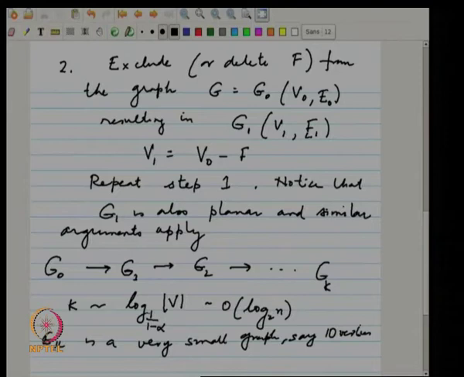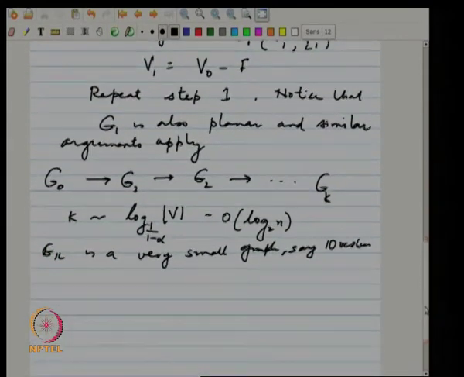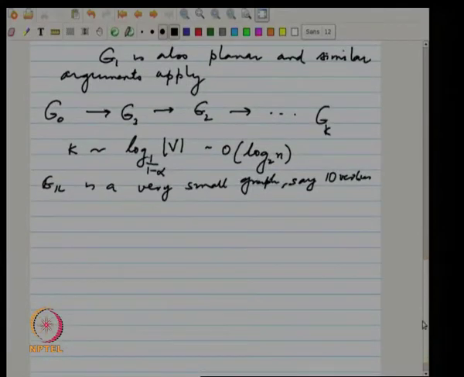So, we do not go any further. So, G naught to G1 to G2 all the way to Gk, these are graphs that we obtain by eliminating some vertices from the previous graph. So these are subgraphs of the previous graph.